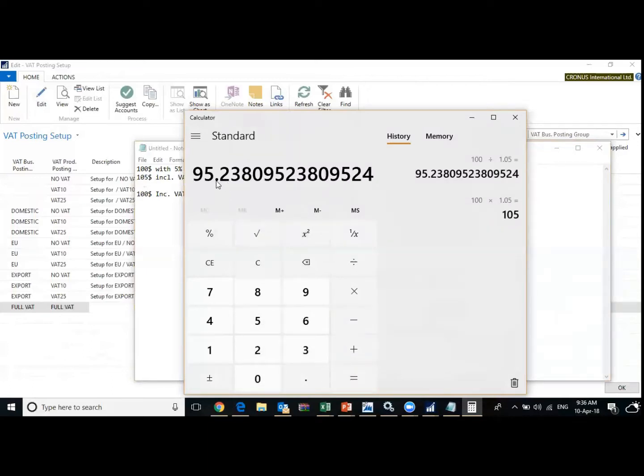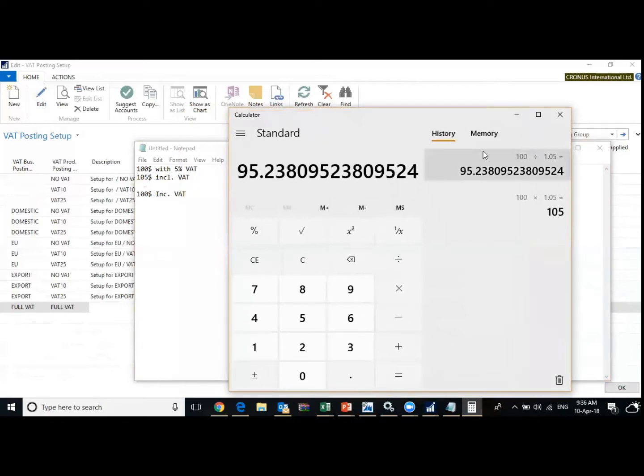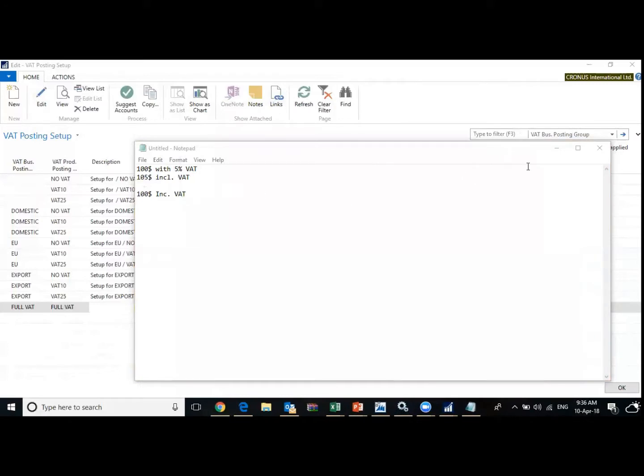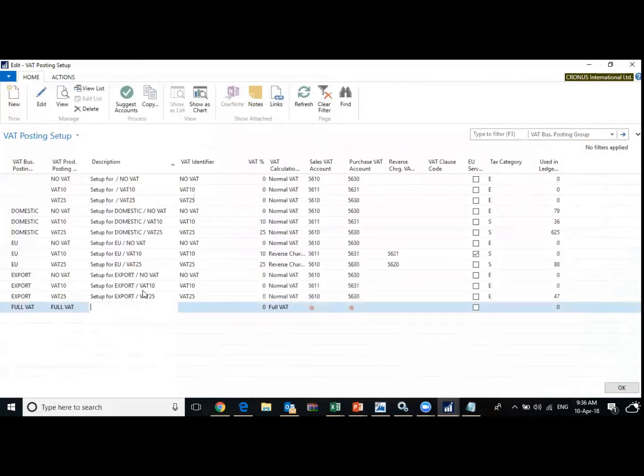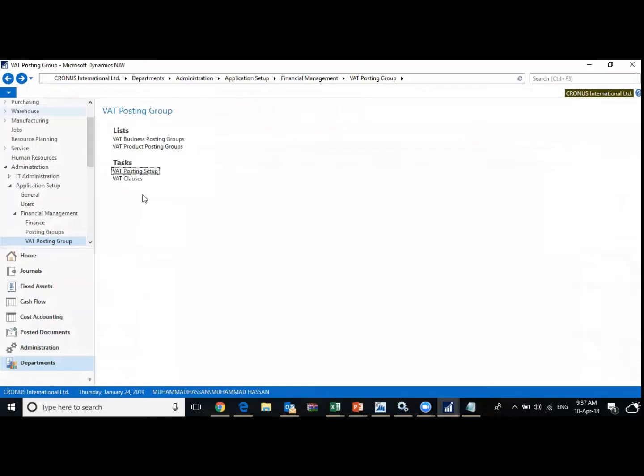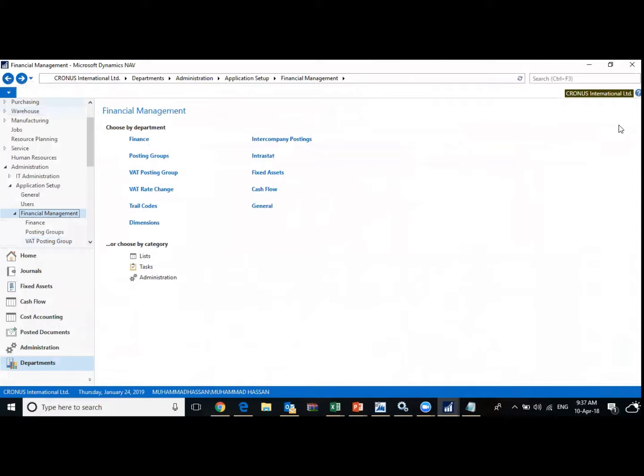So this is your amount excluding VAT. So this is your price of the item, and with additional 5%, the price becomes $100. So this is how you calculate. The system follows the same logic, and it calculates the VAT on this logic. Any questions so far?